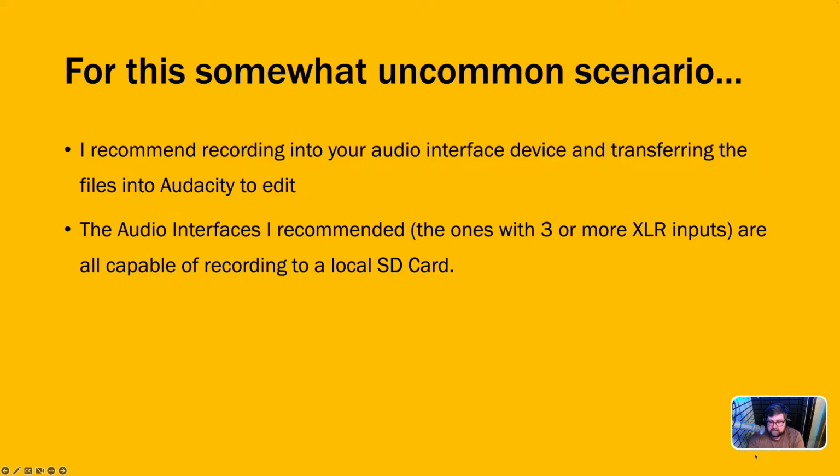So you could technically take any of these, unplug them from your computer, take them anywhere you want, and record onto them, onto an SD card. Then you can take the SD card out, plug it into your computer, or plug the whole thing into your computer and transfer the file.